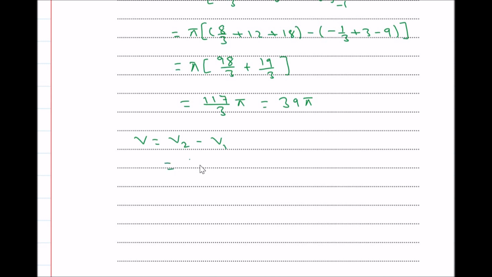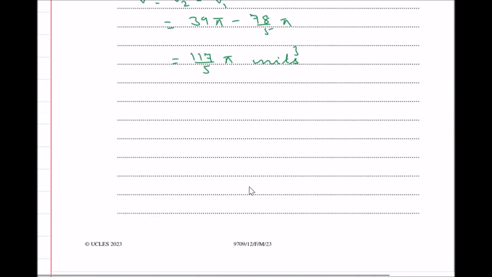So we can write here 39 pi minus 78 by 5 pi, and if you simplify this, we get 117 by 5. So this is the volume. We should write here units cube. Okay, so that was the final question.